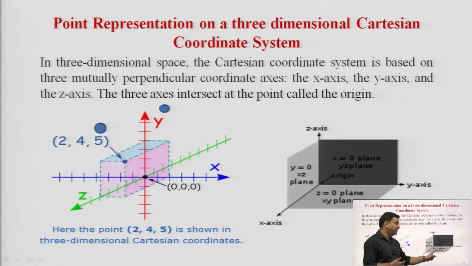This one is the xy plane, where z is equal to 0 plane, and this is the xz plane, where y is equal to 0 plane. So, these are the three planes which are existing within a three-dimensional coordinate system, especially in the case of Cartesian coordinate system.